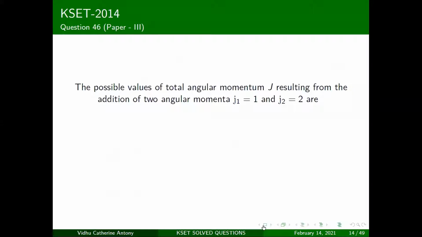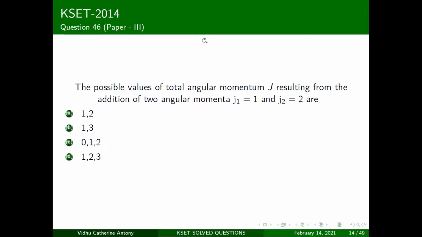Okay, so this is a very simple question if you know how to do addition of angular momenta. The possible values of total angular momentum J resulting from the addition of two angular momenta, J1 equal to 1 and J2 equal to 2, are 1, 2; 1 and 3; 0, 1, 2; and 1, 2, 3.